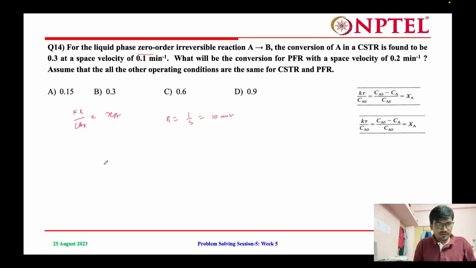Now k by C naught equal to XA by tau, so 0.3 by 10 minutes, equal to 0.03.